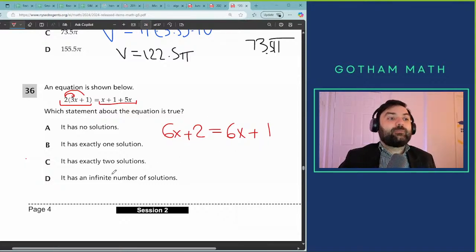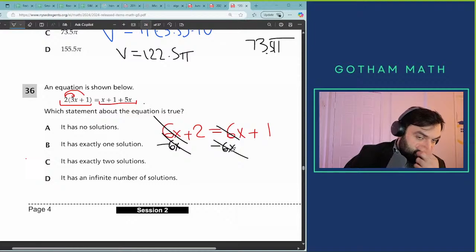What does that mean? That means that this equation has no solutions. Why? Because the first step to solve that is to subtract 6x on both sides, and it all gets canceled.